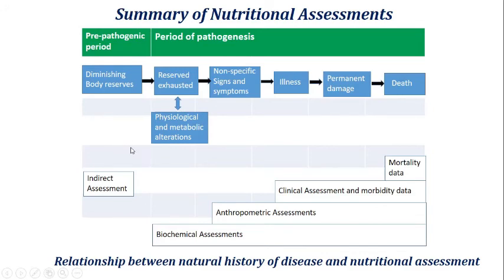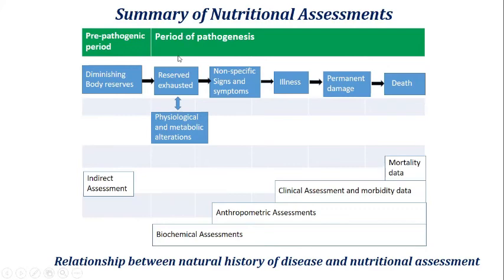There can be some impact. So before onset of the diseases, we can predict that if the dietary pattern continues, this particular community might be affected by this nutrition deficiency. Then we can do indirect assessment to identify nutrition deficiencies and malnutrition in the pre-pathogenic period.